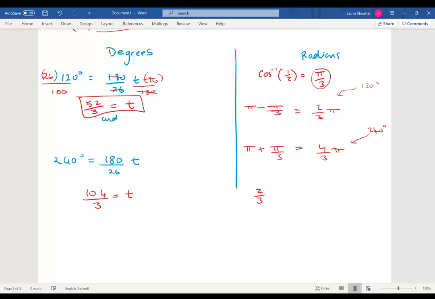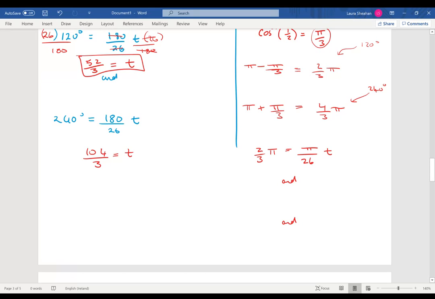I would have 2 over 3 pi is equal to, this would be if you didn't use the 180, so you still had pi on top over t. And I would have 4 over 3 pi is equal to pi over 26t. Your pi's will actually cancel on both sides and you will simply have 26 by 2 over 3, which is your 52 over 3, which we had before.